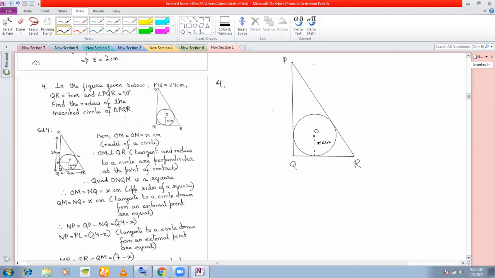PQ is 24. That means this length is given to you as 24 centimeters. QR is 7 centimeters. So this length is given to you as 7 centimeters. Angle PQR is 90 degrees. That means this angle here is given to you as 90 degrees.